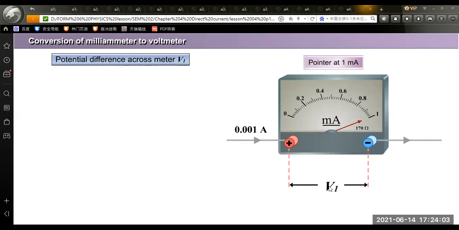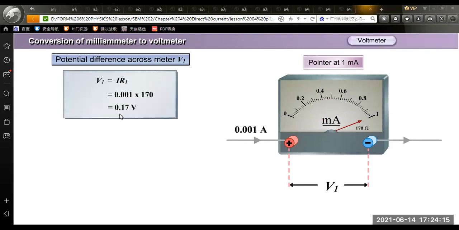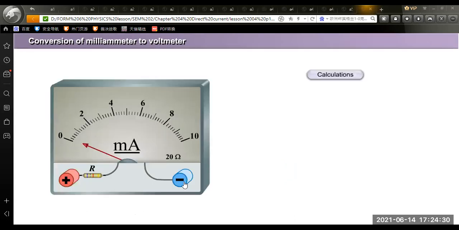That means that V1 equals how much? It should be 0.001 ampere times 170 ohm. The maximum allowed potential difference is 0.17. So what we need to do, we need to add a resistor in series to the meter.